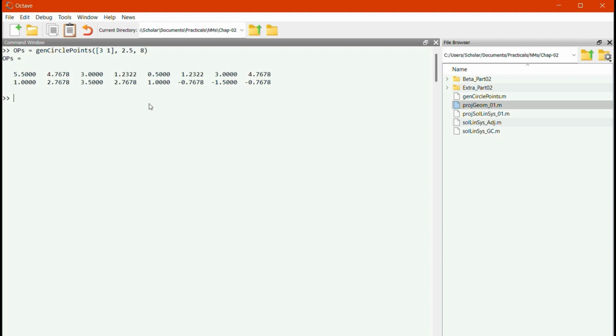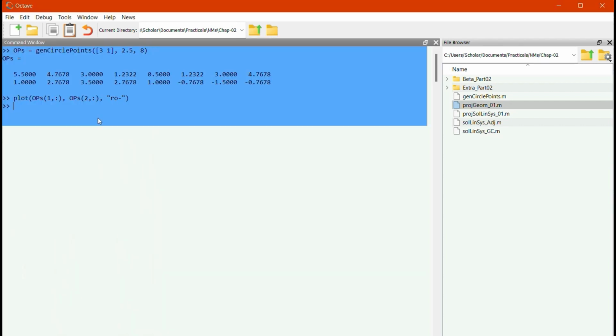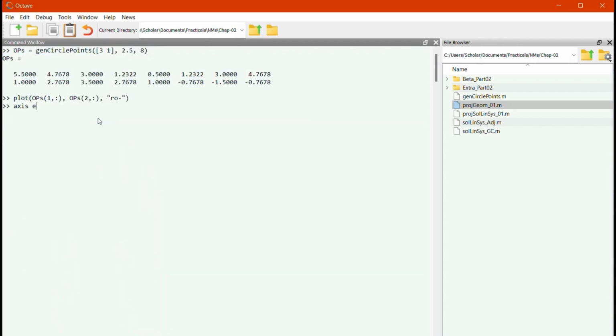And let's draw that. We use plot to visualize it. OPS, first row for the x coordinates and the second row for the y coordinates. And we plot them in red color, marker O, and the line joining the points. So let's enter. Okay. Now here, let's add axis equal and grid on.